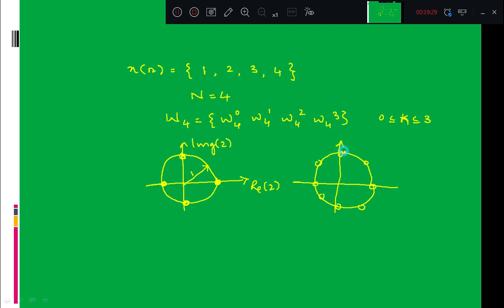So this is N equal to 8, and here we have an even number of values in the sequence W_N, right? If there are an odd number of values, that is N equal to 7, then how do we locate them? So this is my circle. So here it is 1, 2, 3, 4, 5, 6, 7.